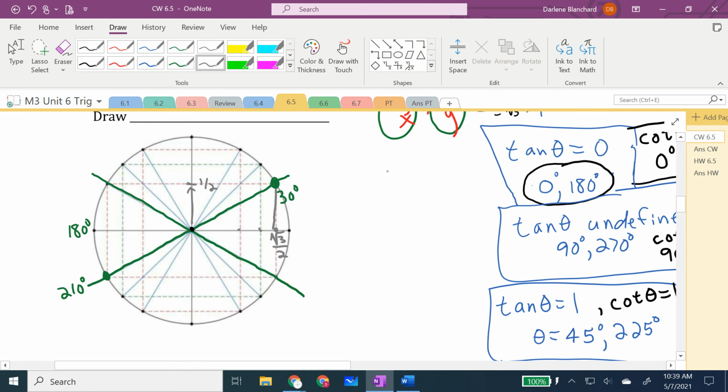And when I'm dealing with tangent, tangent is the sine, which is the y value, divided by the cosine, which is the x value. And I can write that as 1 divided by √3. That's also the number √3 divided by 3.